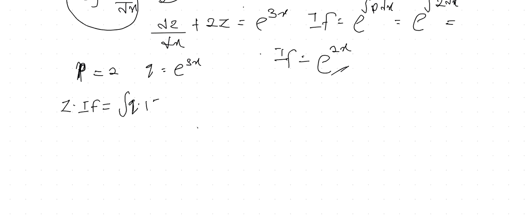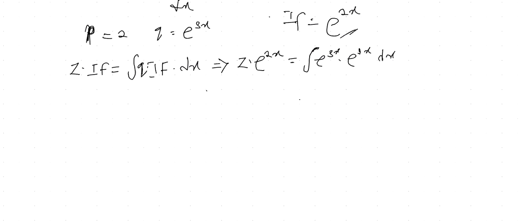So z multiplied by e raised to the power of 2x is equal to the integral of q, which is e raised to the power of 3x, times the integrating factor e raised to the power of 2x, dx.